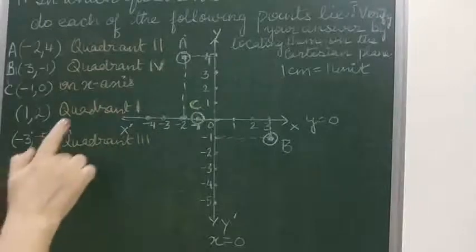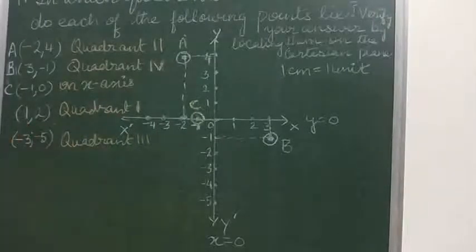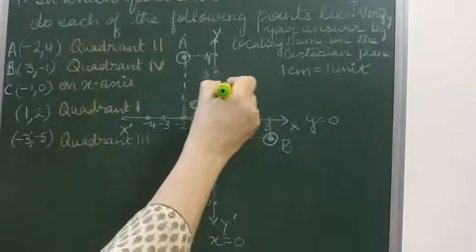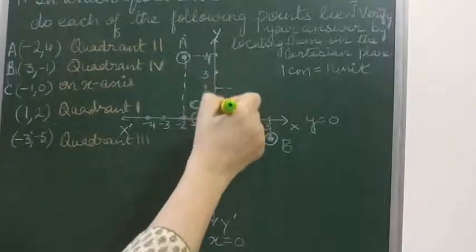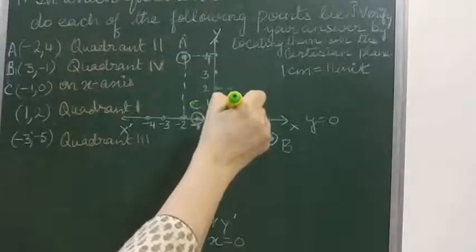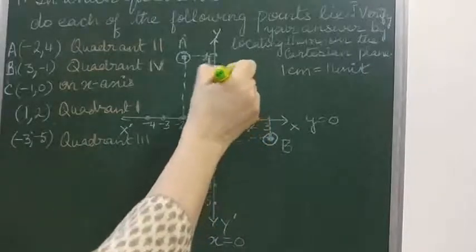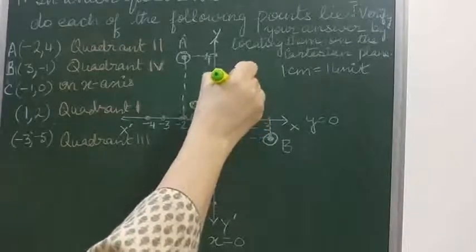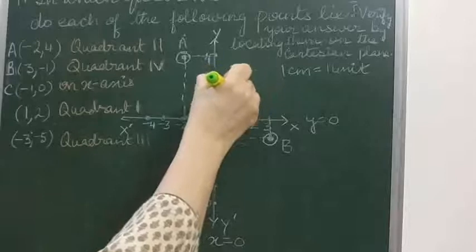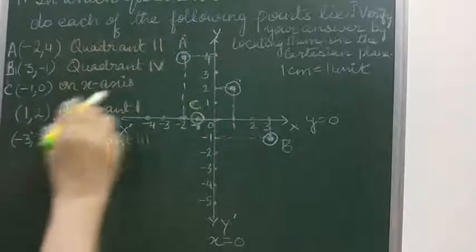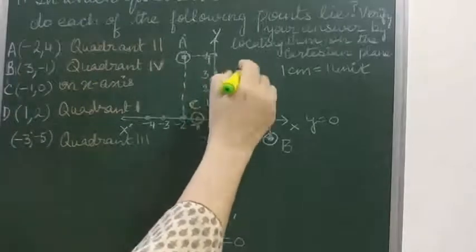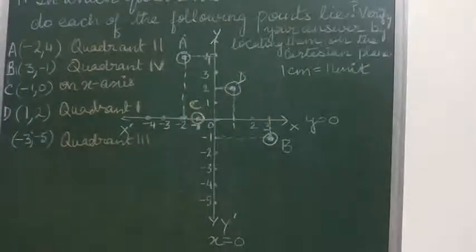Let us go for the next, 1 and 2. So x is 1 and y is 2. From x we draw a vertical line, and from y we draw a horizontal line. These meet at this point, name it as D. Now children, in your graph paper you will have the lines, isn't it?